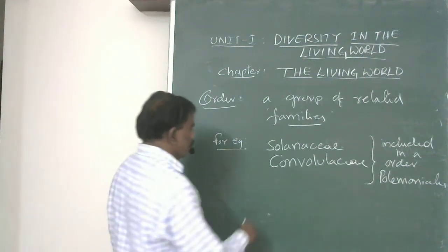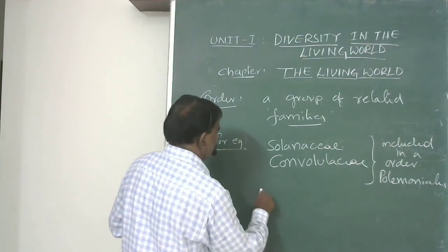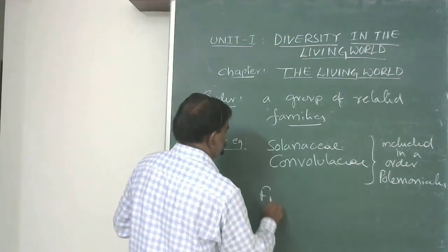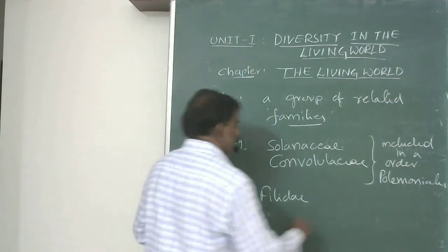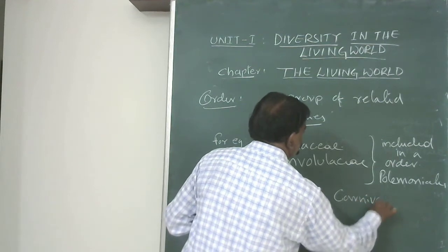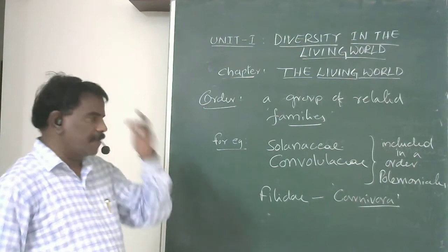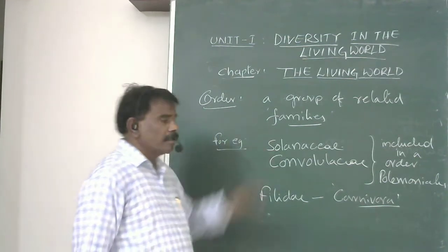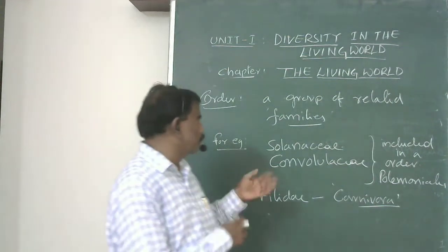Like that, Felidae is kept in Carnivora. Felidae is a family. So, order is the higher rank in the taxonomic group.